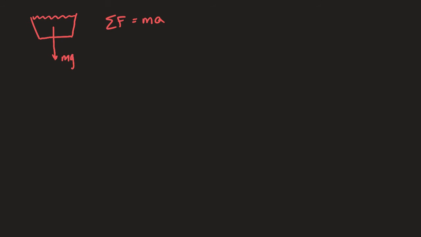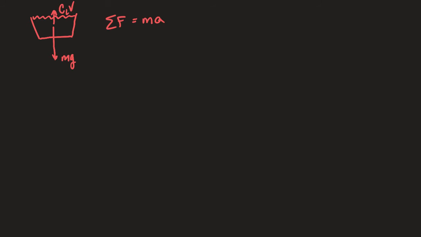There's mg downwards, and let's just look at laminar drag for a minute. There's Cv upwards. Those are the only 2 forces acting in the system. So if I were to use my rules that we talked about for how to solve a Newton's law problem, I have my free body diagram.